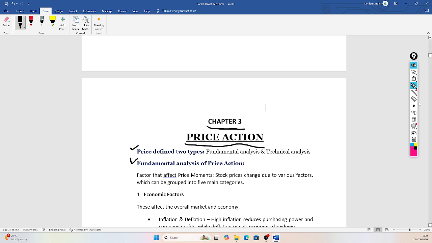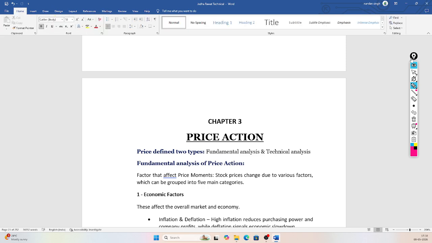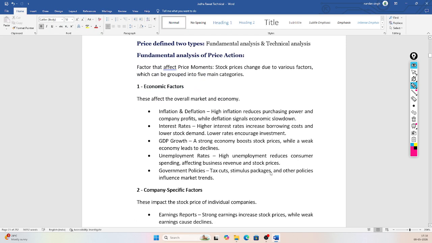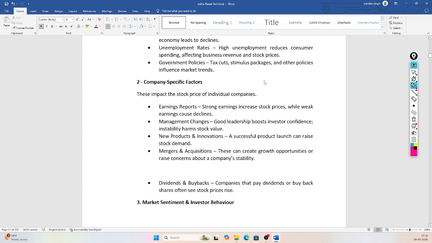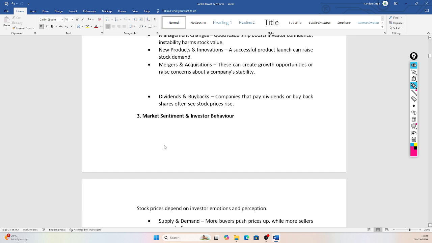One is economic factors, which have five points we have learned, and second, company specific factors, which also have five parts, so you can see my previous classes.